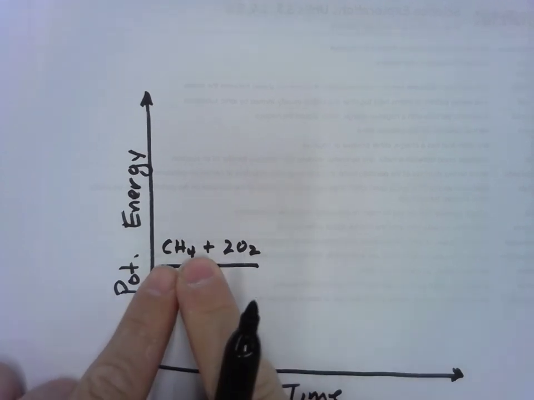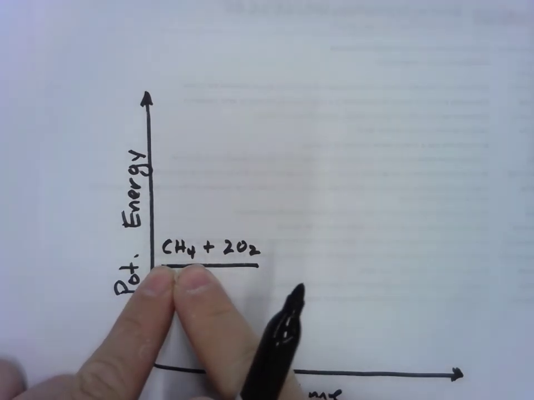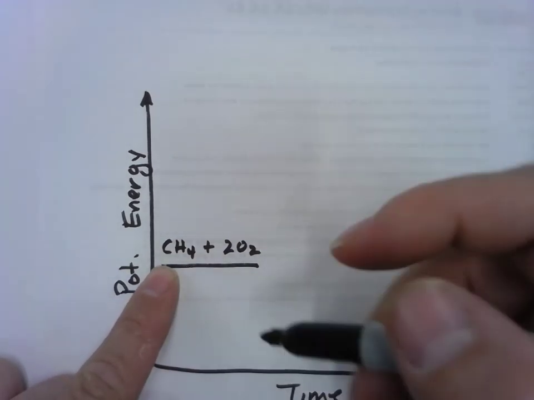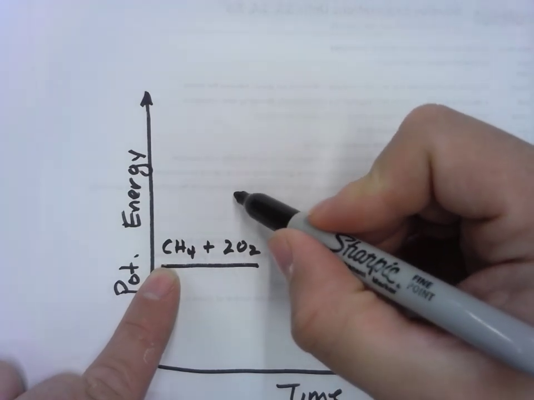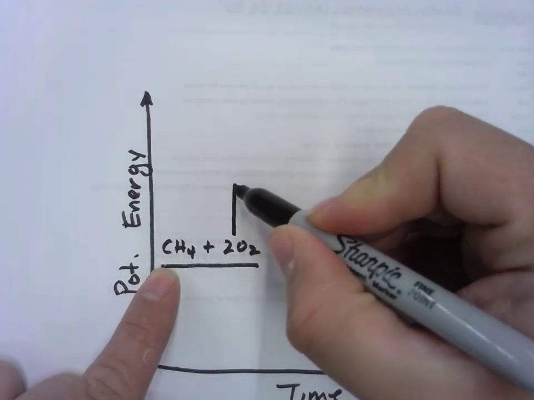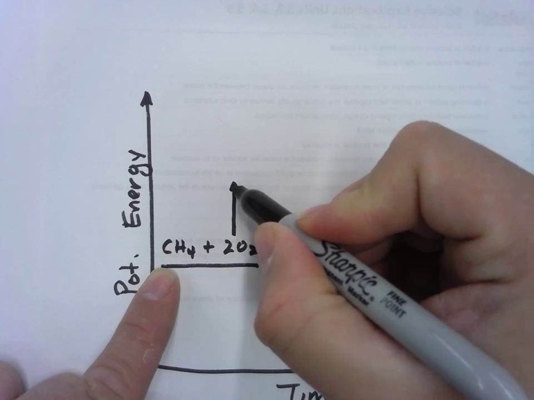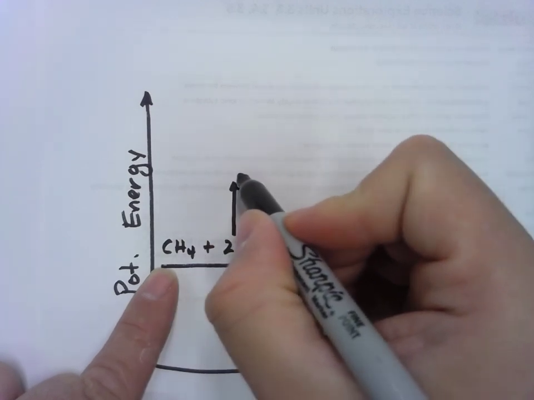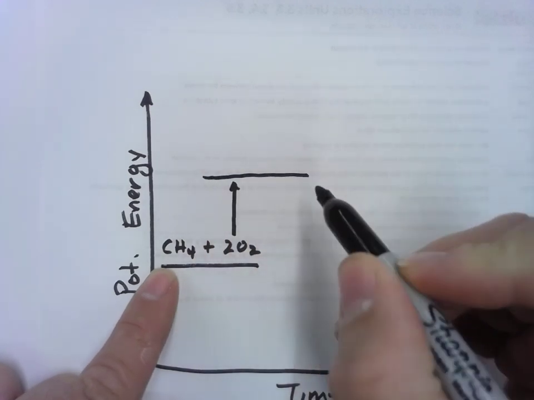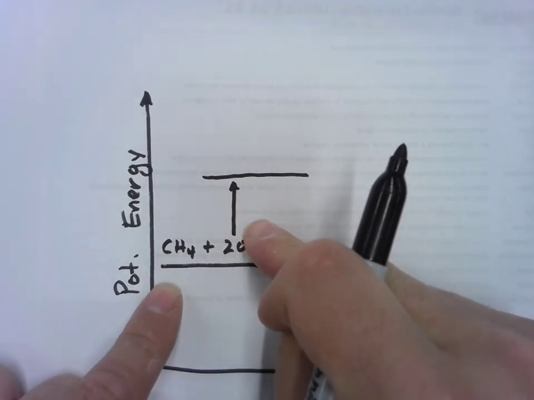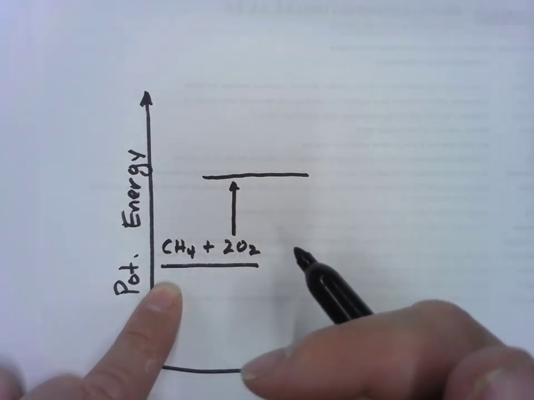First of all, we need to break the carbon-hydrogen bonds. And how many of them are there? There's 4. So we need to break 4 carbon-hydrogen bonds, and that requires energy. Here we're adding that energy into the system.